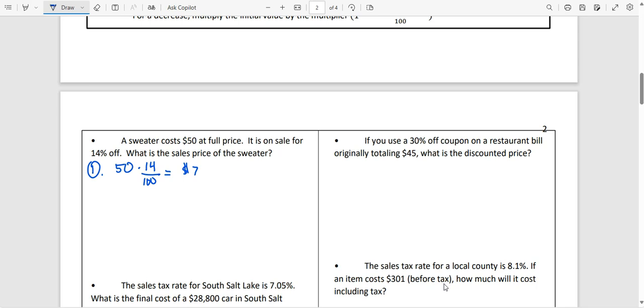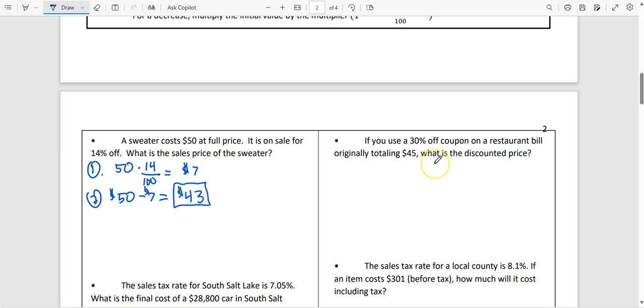That is the discount. So the two-step approach, you would then take the 50 minus the discount and get $43 is the sales price of the sweater. Great.